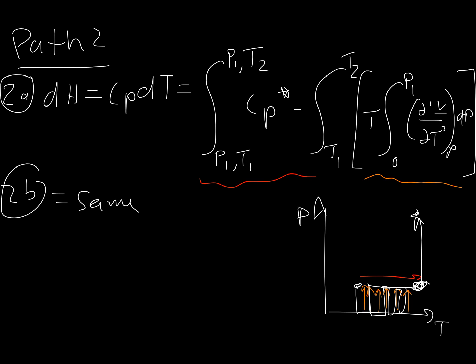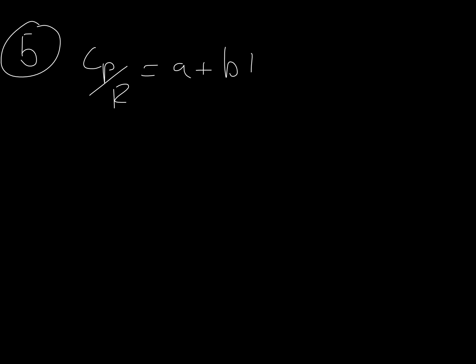So you have liquid heat capacity correlative data and vapor heat capacity correlative data. Just to go through a quick example, in the data that you're given on the homework for number 5, you're given that C sub P over R is equal to A plus BT plus CT squared.